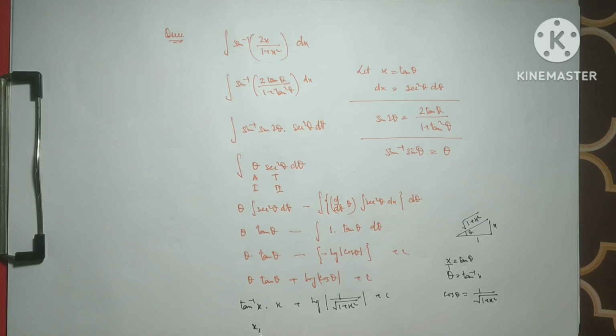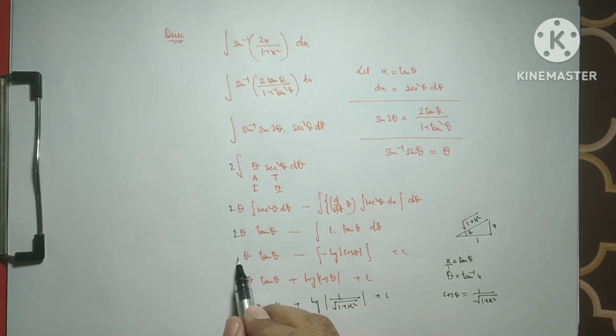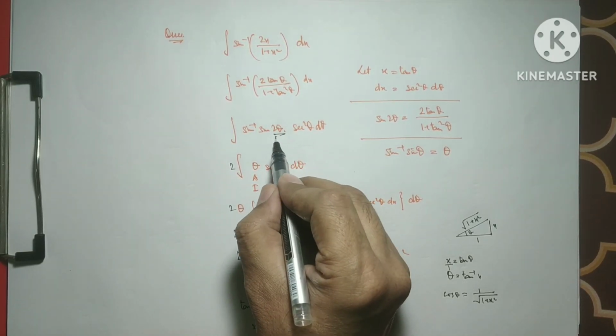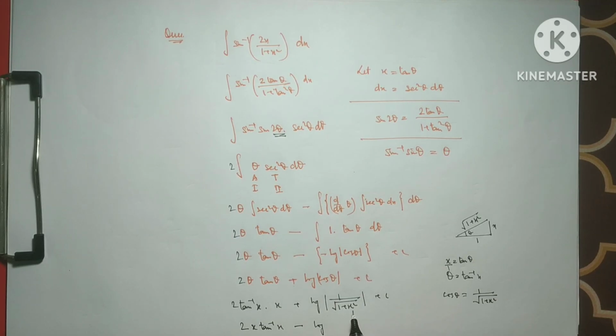So it is x tan inverse x, so we place 2 also, this is 2 theta, so it is 2x tan inverse x, and we can write this minus log of under root 1 plus x square.